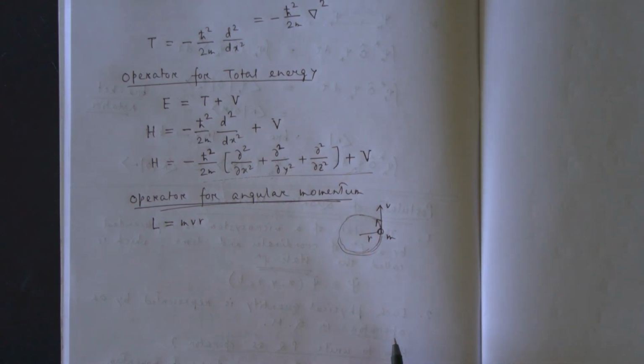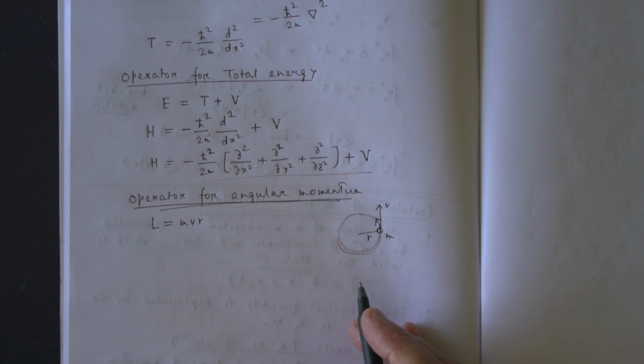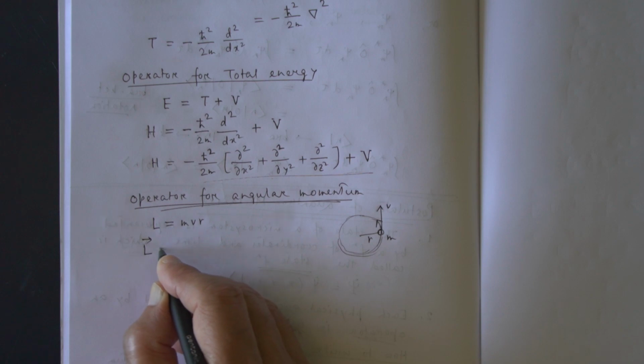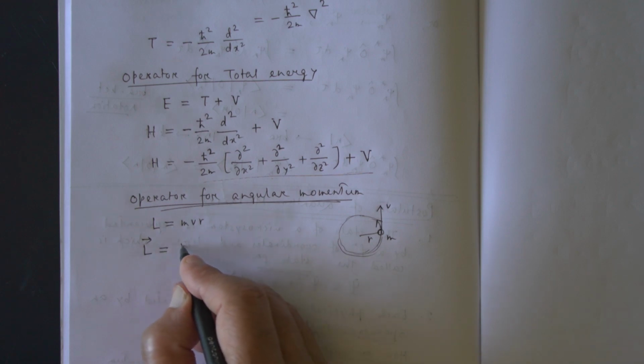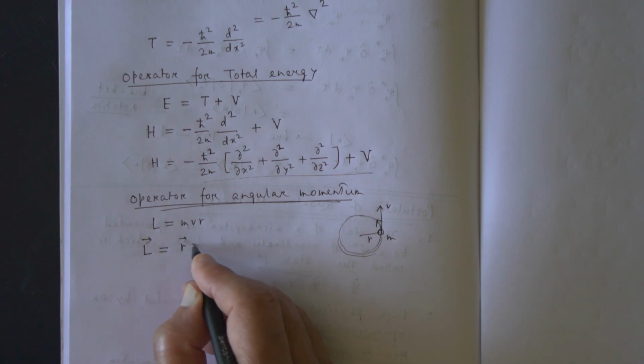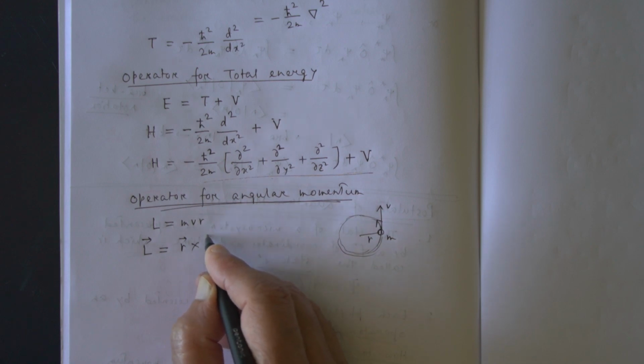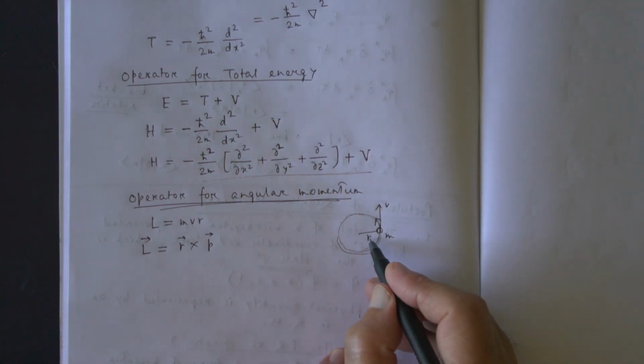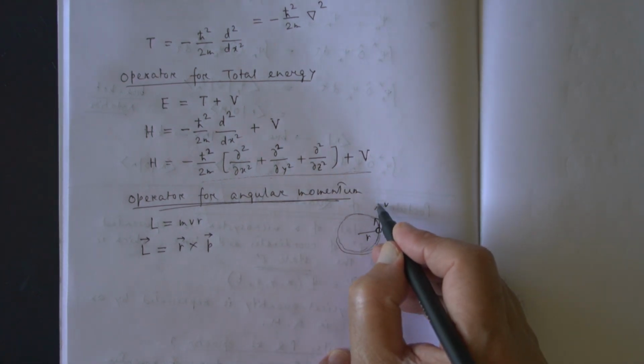Now, in terms of vectors, how do we represent angular momentum? In terms of vectors, angular momentum is represented by this cross product. Suppose this is the radius vector and this is the momentum vector.